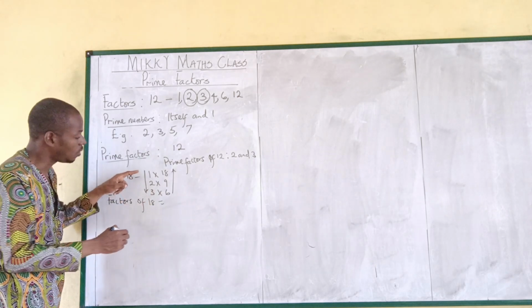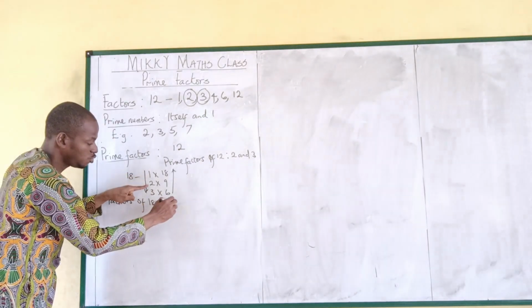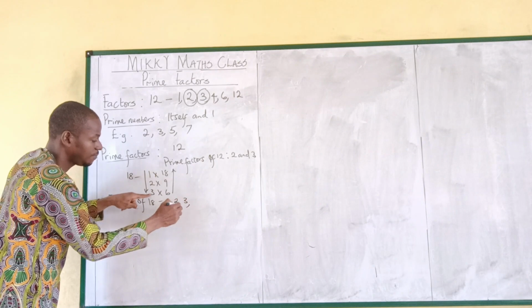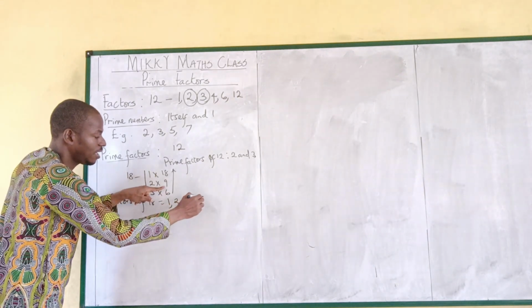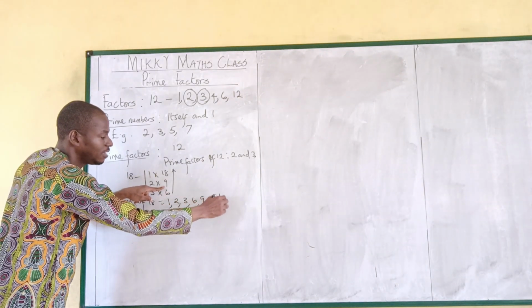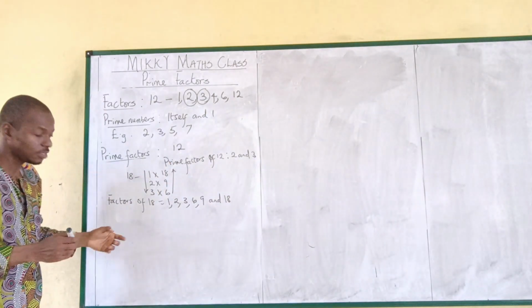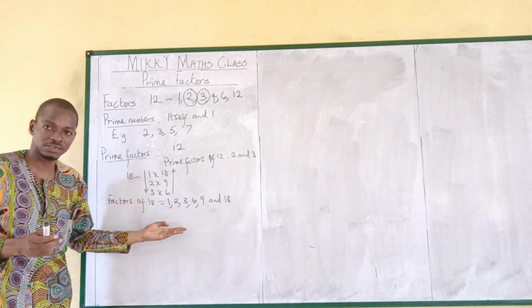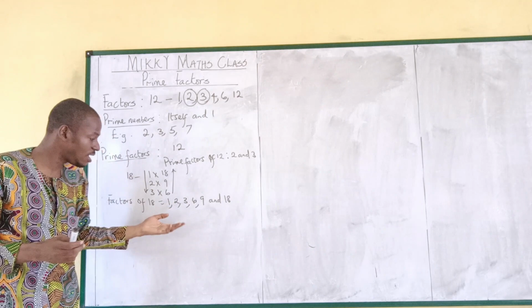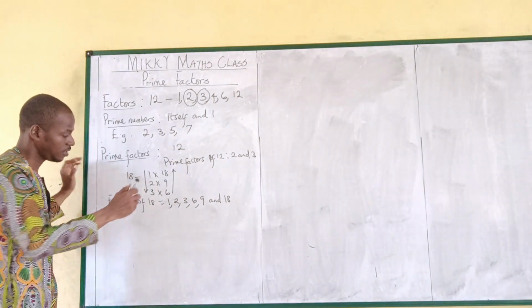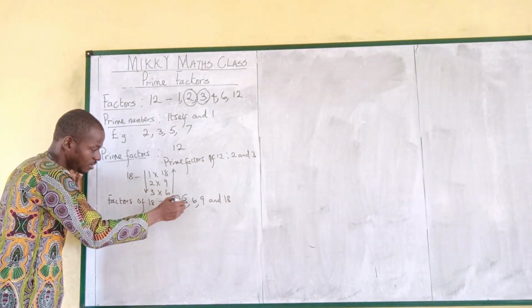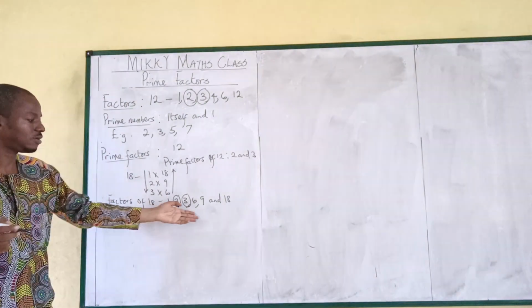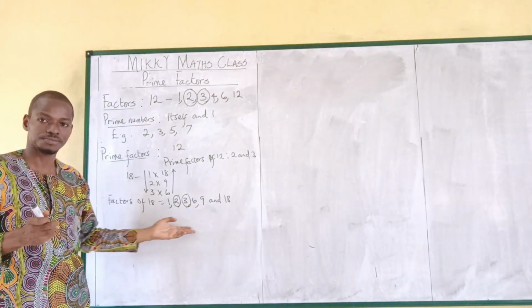18 will be 1, 2, 3, 6, 9, and 18. These are the factors of 18. Now let us identify which of them are prime numbers. 2 and 3. The others are not prime numbers.